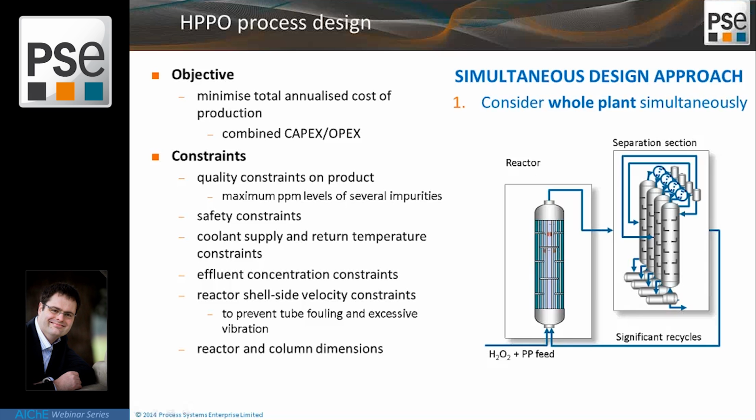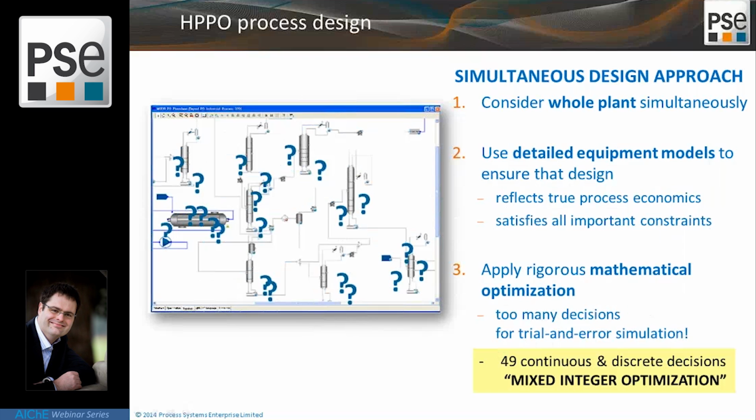So what we did, as I said, was a simultaneous design approach where we looked at both the reactor and the separation section, where we had significant recycles that we considered. Now, we used detailed equipment models to ensure that the design reflects the true process economics.